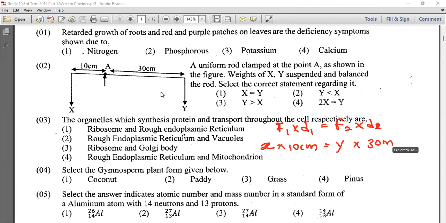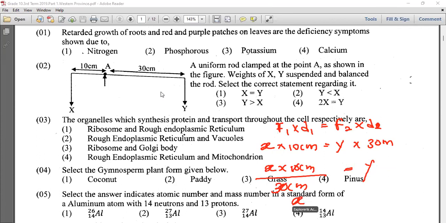If you make an equation, you can subject Y and get an idea of Y with respect to X in this equation. So put X here, 10 centimeters, and divide it by 30 centimeters, then you subject Y. So 10 and 30 can be simplified.